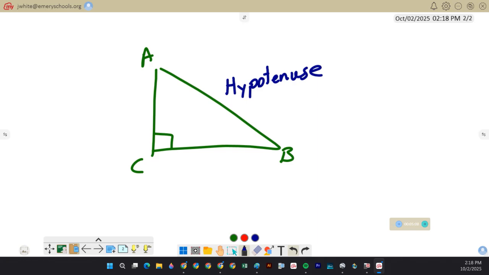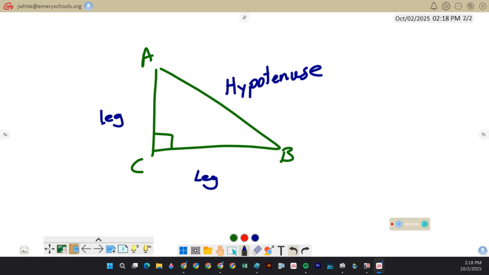No. I mean, in this case it's base and height, but what if the triangle was turned? Those are called, I didn't think you guys would know it, but they're called legs. Hey, Barbara got it. So every right triangle has one hypotenuse and two legs.